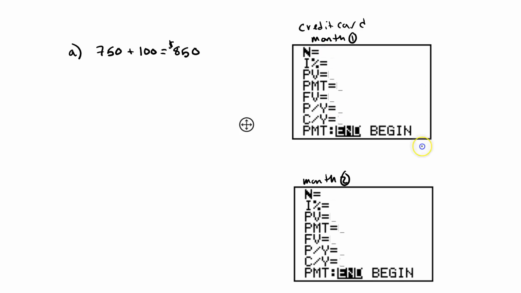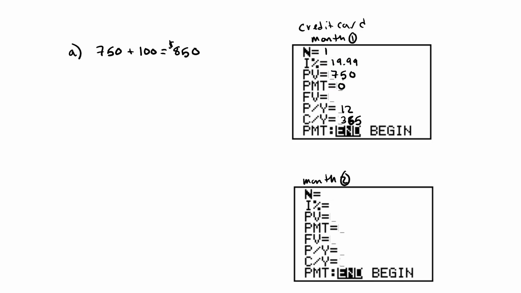We know that there are 12 payments per year and 365 compounding periods per year. And we're just looking for the 1 month. Remember, the payments and the numbers of the end value are related. The interest rate is going to be 19.99 and my present value is $750.